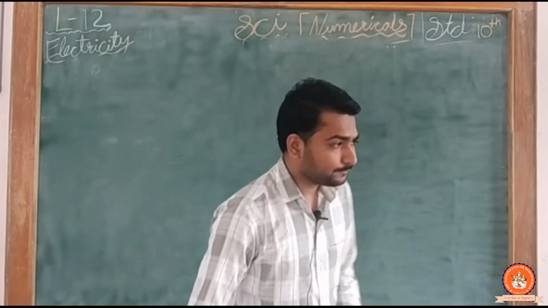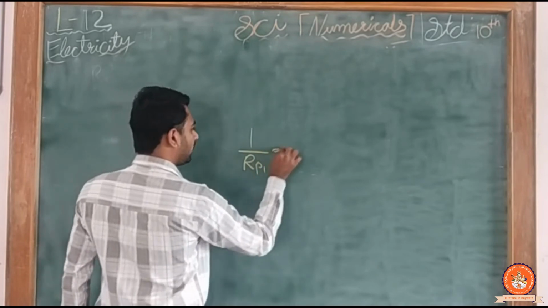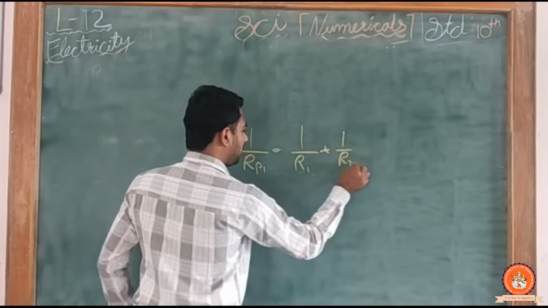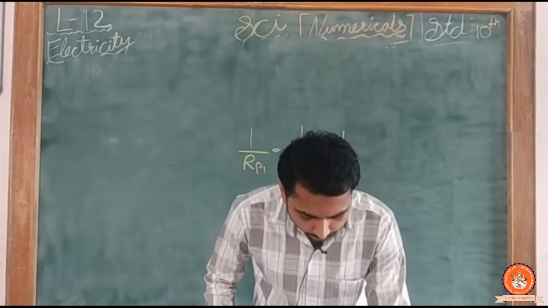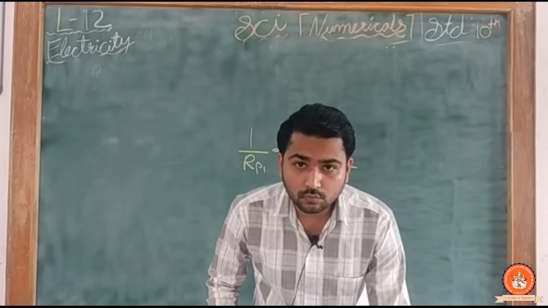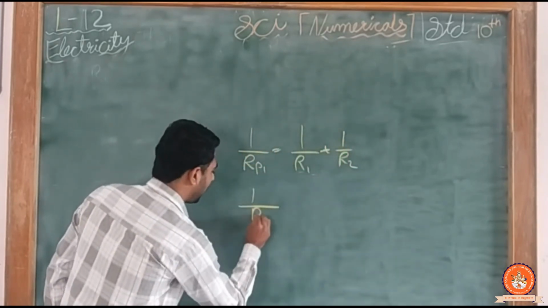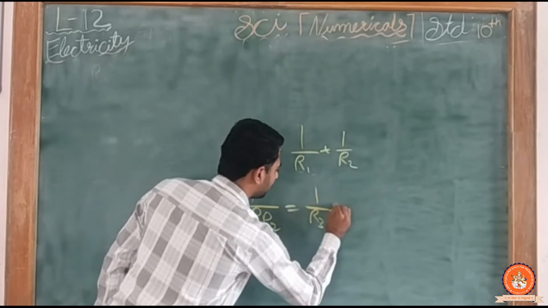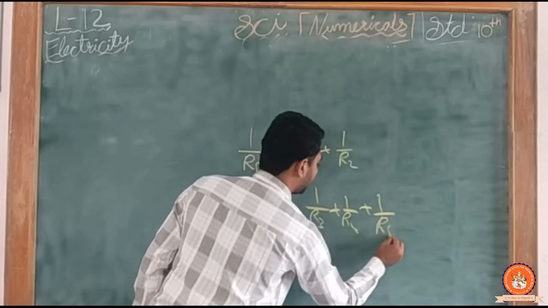तो आप क्या करोगे? आप ऐसे लोगे 1 upon Rp1 is equal to 1 upon R1 plus 1 upon R2. Okay, after solving this, then you will come on to R3, R4 and R5. तो आप क्या करोगे? 1 upon Rp2 is equal to 1 upon R3 plus 1 upon R4 and then 1 upon R5.